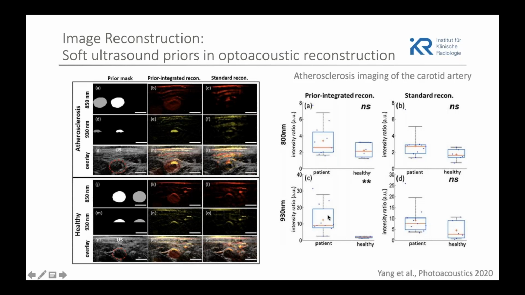And shown in the graphs here on the right, this improved the contrast to noise ratio and the intensity ratio in the patients, and showed that with the reconstruction method, you could distinguish between patient and healthy carotid wall plaques, or healthy tissue or healthy wall in case of the healthy volunteers.